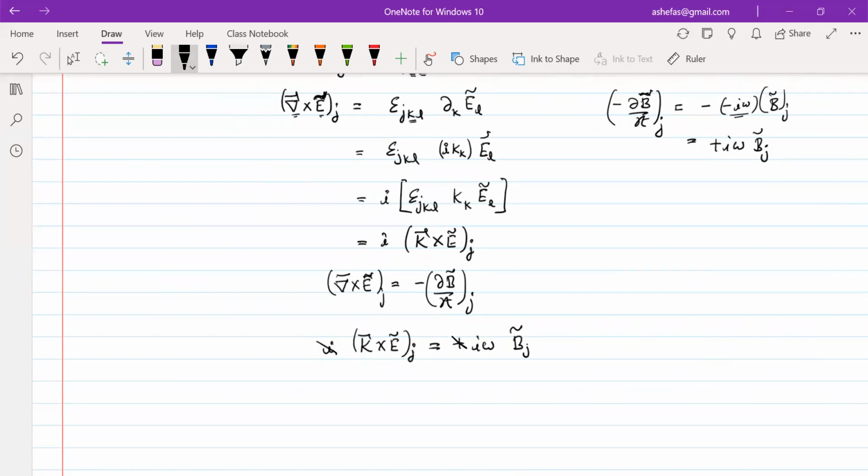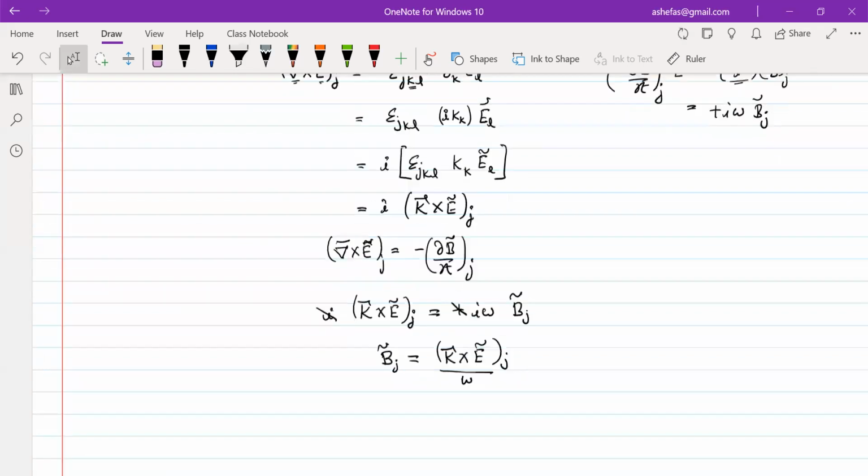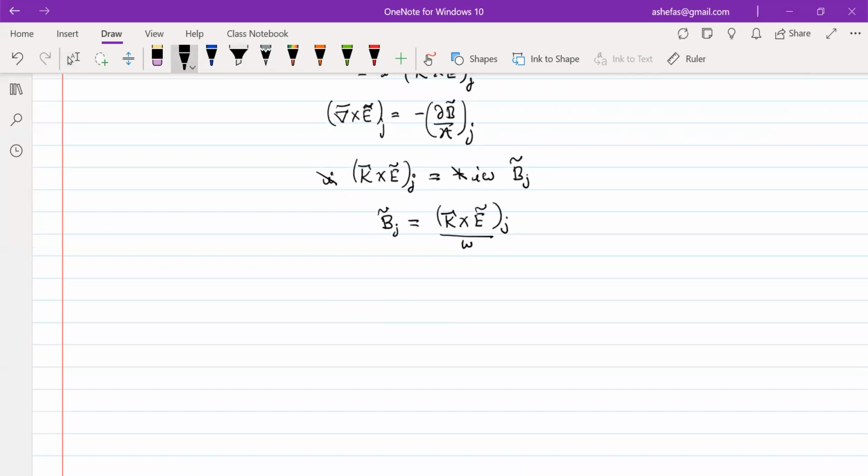So I would cancel on both sides, and hence the jth component of the magnetic field is the jth component of k cross E tilde divided by omega. Each component would be equated like this. So hence the general magnetic field B tilde can be written as k cross E tilde by omega.